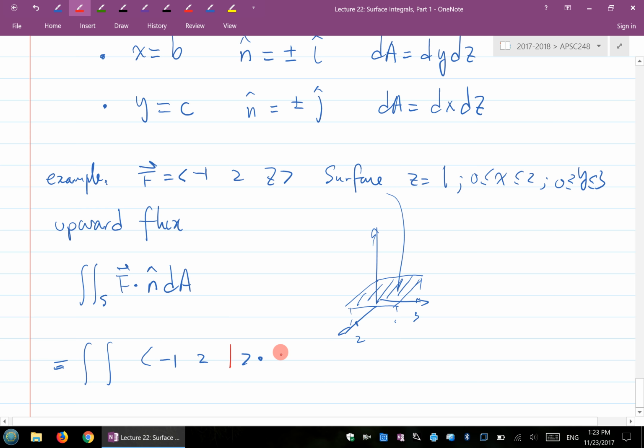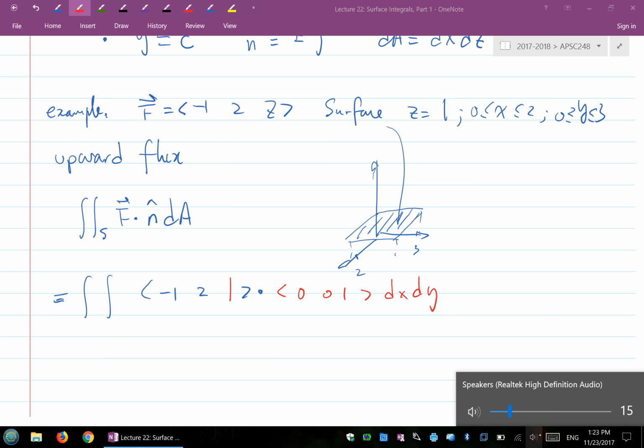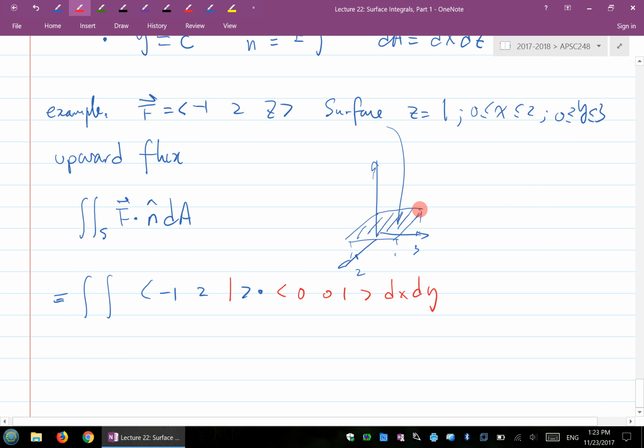And then dot n hat, because I'm talking about upward, so 0, 0, 1, and that's dx dy. And then dx dy depends on the boundary for this small region R here. Apparently x is 0 to 2 and y is 0 to 3.